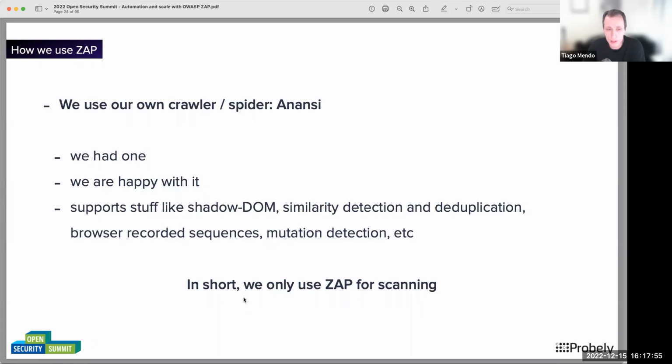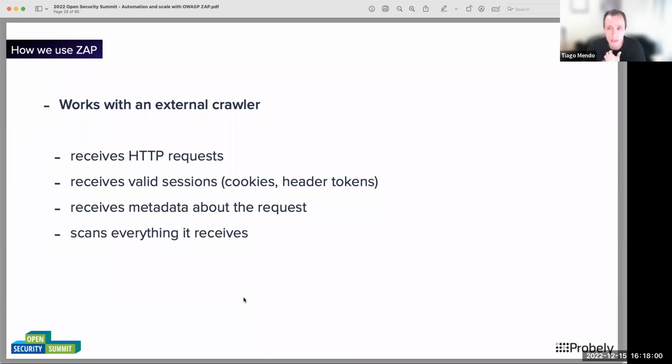So, in short, we only use ZAP for scanning. This means we use ZAP with an external crawler. So our ZAP has to receive HTTP requests from an outside crawler. It also receives valid sessions from the crawler. So we put the crawler in charge of authenticating and renewing sessions.